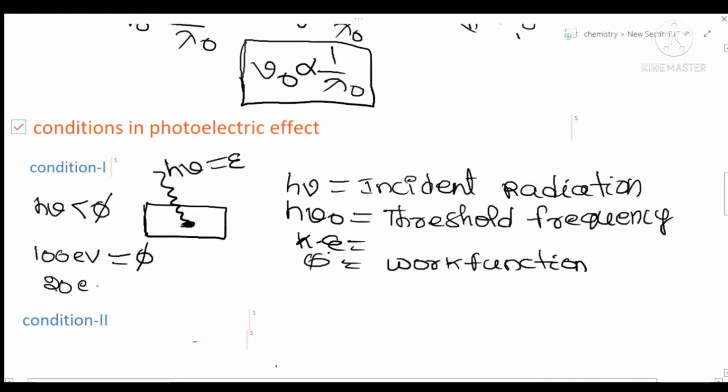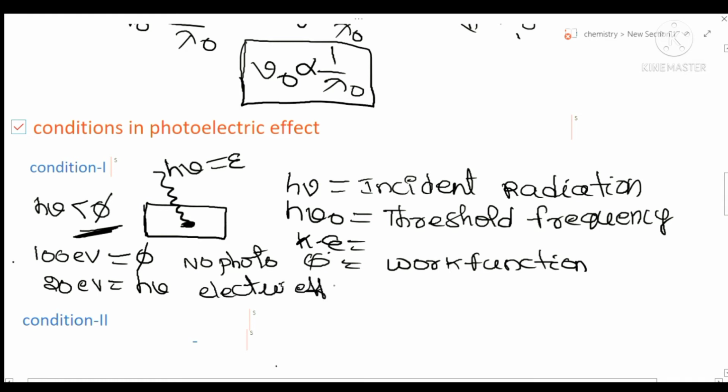But whatever h mu I am supplying, 20 electron volt only I am supplying here. So electrons will not come out from the metal surface. If the electrons are to come out from the metal surface, I have to supply 1 electron volt. But here 20 electron volts you are supplying. That means the work function is greater than the incident radiation. Work function is greater than the incident frequency, incident energy. So then no photoelectric effect.